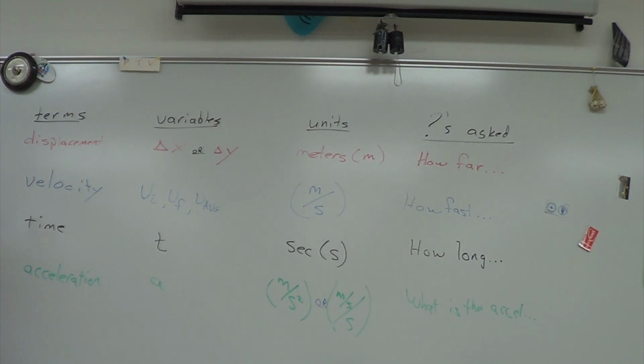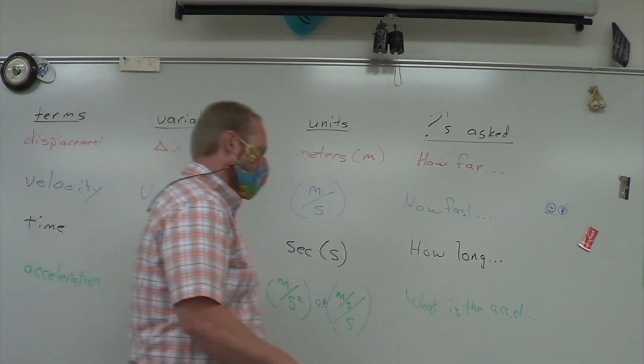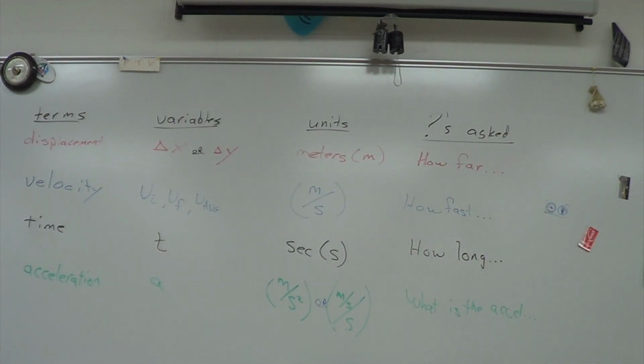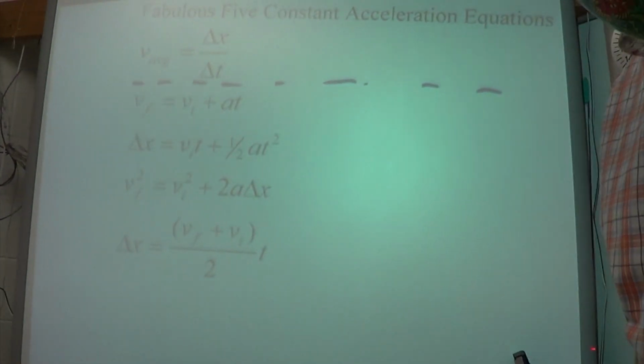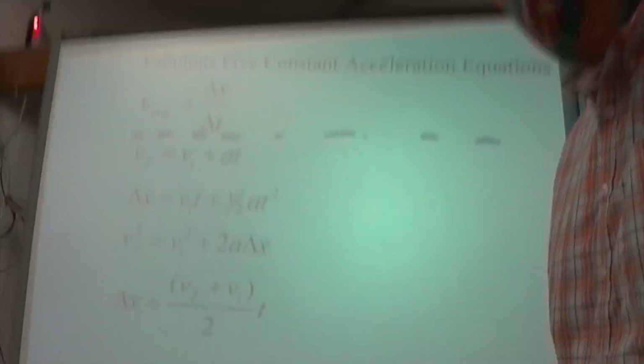So this is something that hopefully you're going to get good at and not need to reference anymore, but it's going to be on the back of the sheet. Now I want to look at that half sheet. That half sheet is called the Fabulous 5 constant acceleration equations, sometimes simply referred to as, I call it the Fab 5.